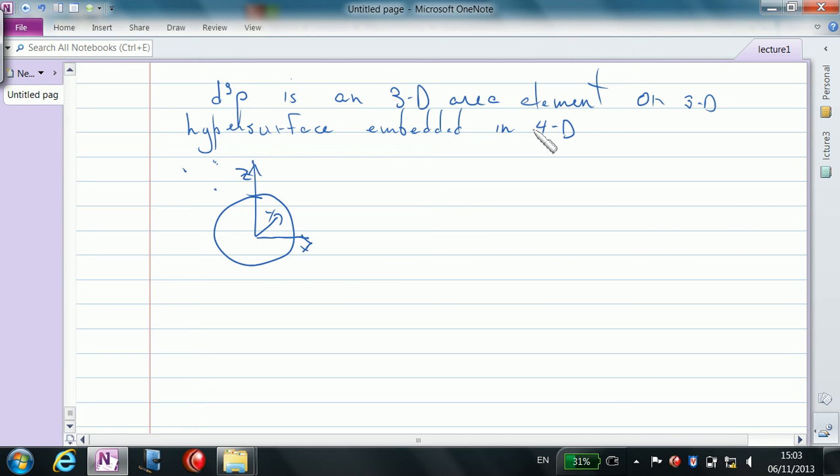What is the equation that defines that hypersurface? It's just E squared equals P squared plus M squared, with c equal to 1.